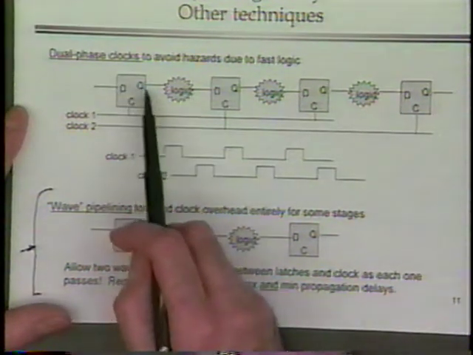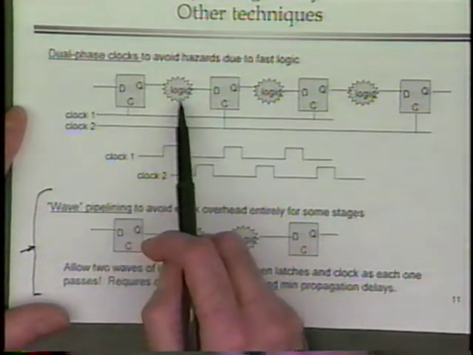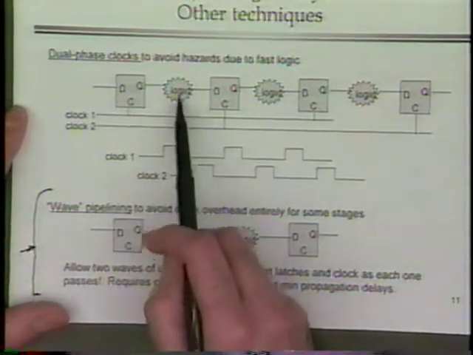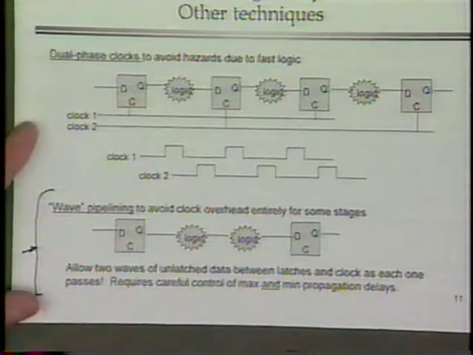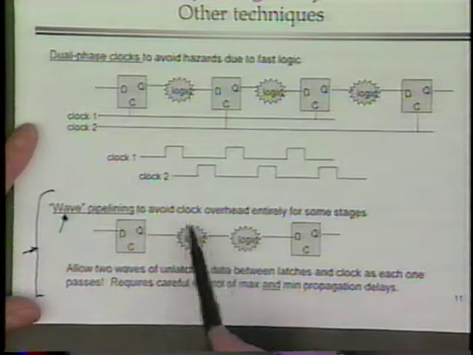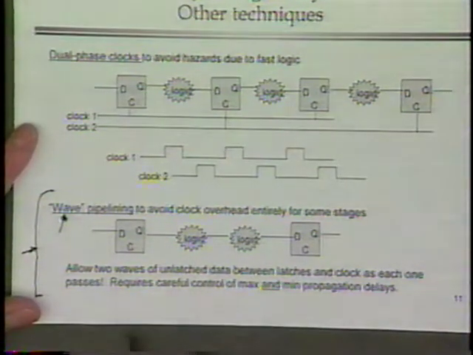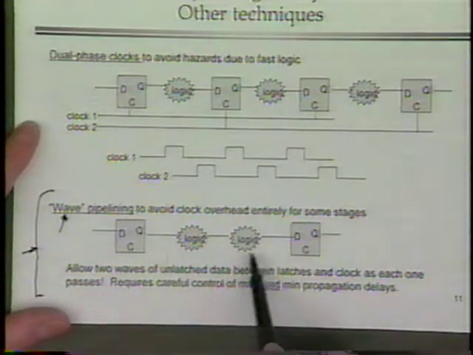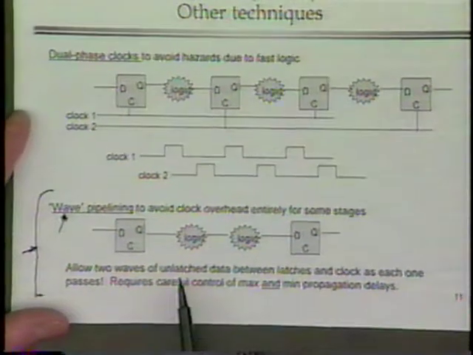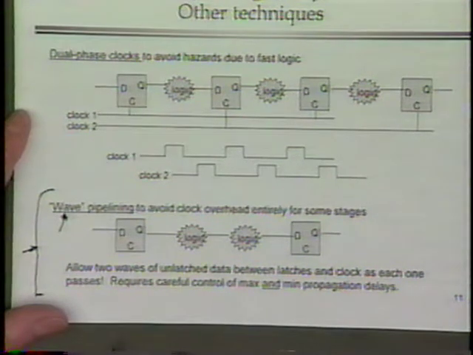And then you can start another bunch of input coming in, and if the delays are well controlled, it won't bump up against the first set of inputs that is making its way through the logic. And in fact, this is done, or at least proposed, and it's called wave pipelining. And it's a way to reduce the clock overhead by reducing the flip-flops that get clocked. You put two waves of signals through one set of combinatorial logic whose propagation delays are carefully controlled, and you get two pipeline stages for the cost of one.